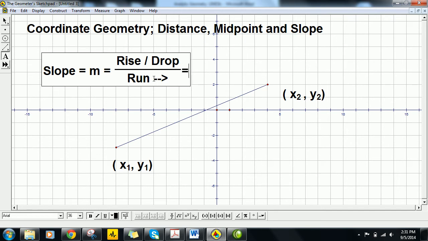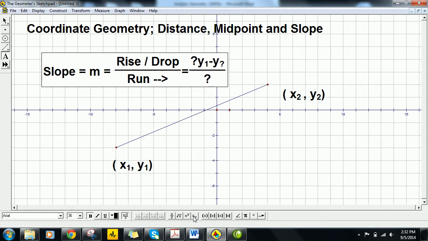Right, so let's quantify that. The rise essentially is the difference in the y values, right? It rises from this y value, y1, to this y value, y2, right? So we can really go in either order, just the difference of the y's gives us the rise, right? So it's y1 minus y2.